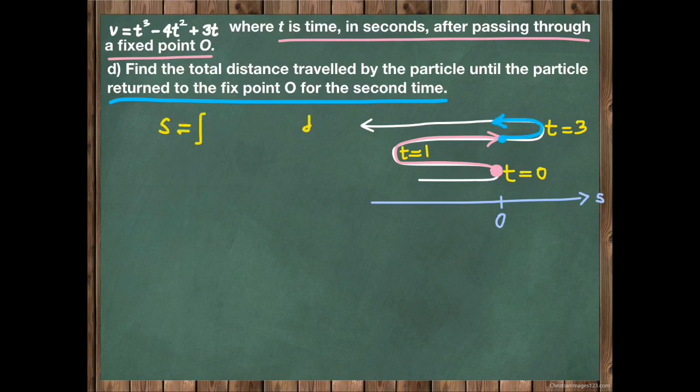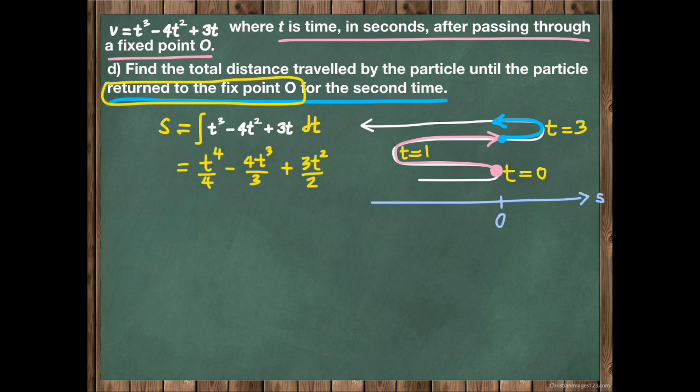In this case, we must find the equation of displacement by integrating v with respect to t. So the displacement function is s = t⁴/4 − 4t³/3 + 3t²/2. When the particle returns to the fixed point, the displacement is 0.